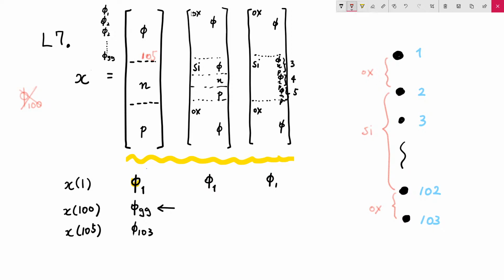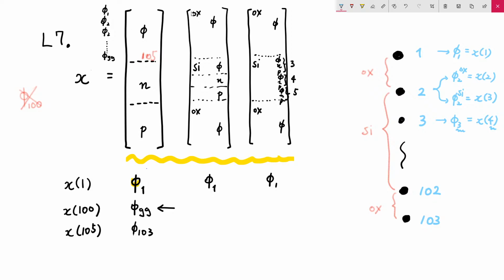Now we will have this kind of assignment. Phi 1 will take x1, phi 2 at oxide will have x2, and phi 2 at silicon will have x3. Quite naturally, that will introduce phi 3 at the silicon node, and that will have number 4, not 3.